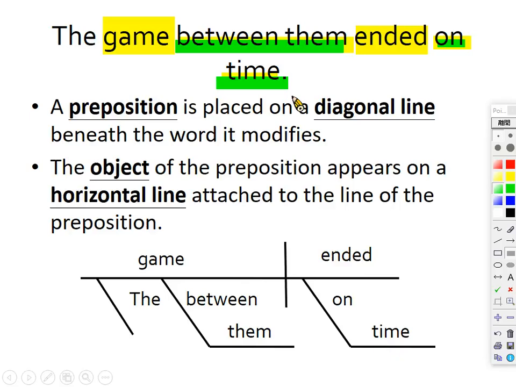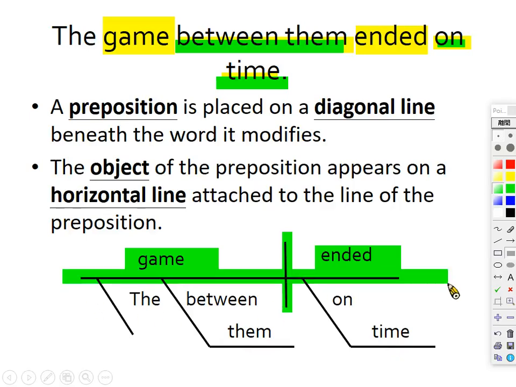So how can we do this? Still, we put game and ended divided by a longer vertical line, right? And now we are going to put the modifiers to each of the corresponding words on the main line. Now take a look. The is used to modify game, so we put it over here.